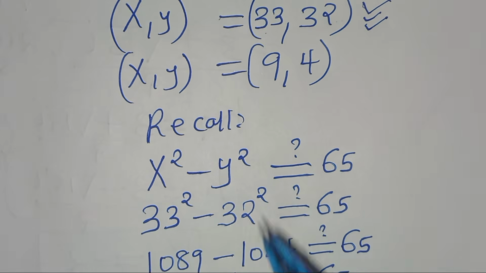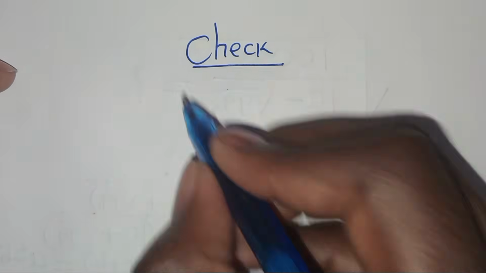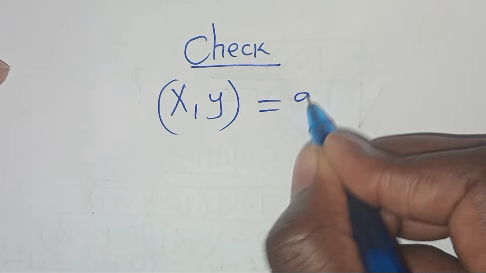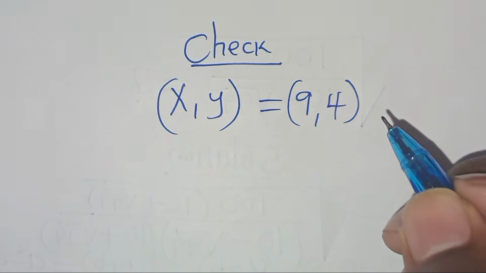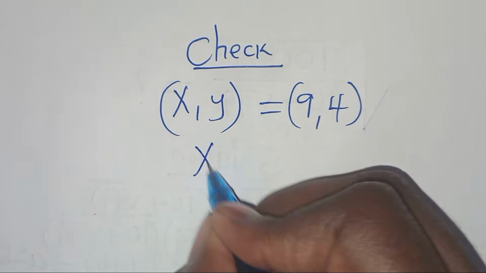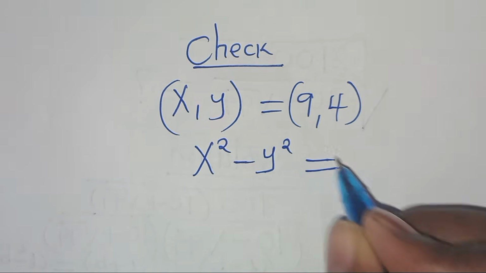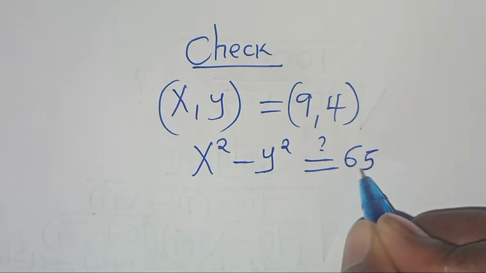Now let's check the second solution, x, y equal to 9, 4. We have x to the power of 2 minus y to the power of 2, which should give us a value of 65.